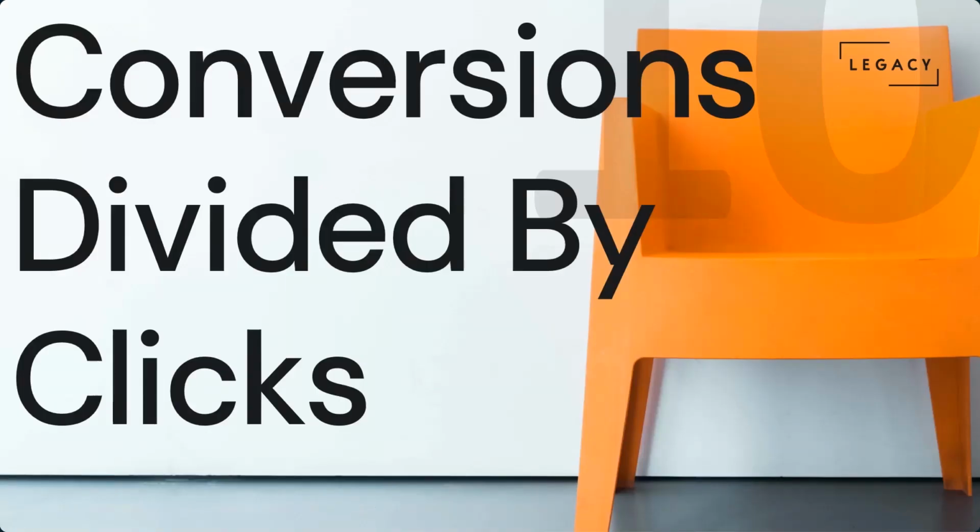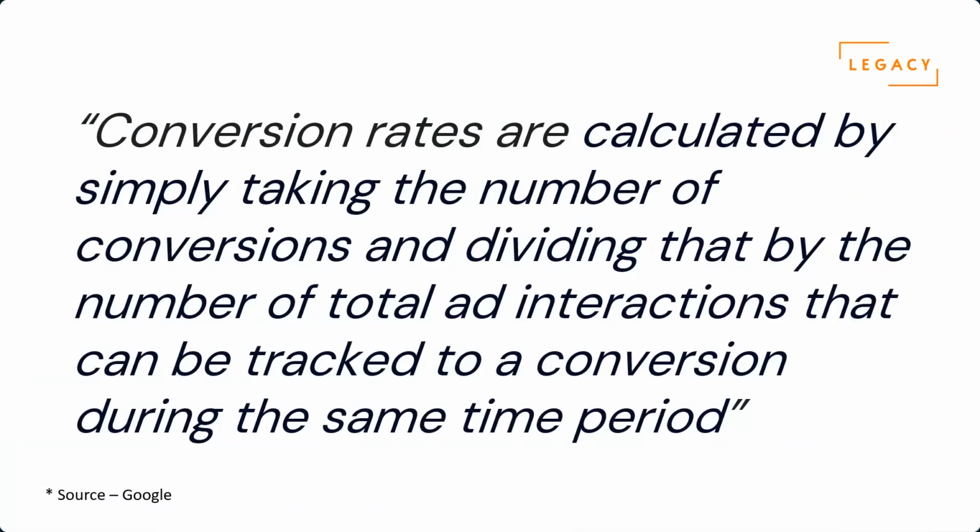So conversion rate in simplest form is basically just conversions divided by clicks. It's the rate of sales coming from your clicks. Google describes it as conversion rates are calculated by simply taking the number of conversions and dividing that by the number of total ad interactions that can be tracked from a conversion during a period of time.